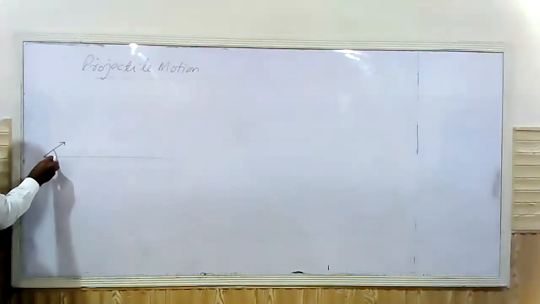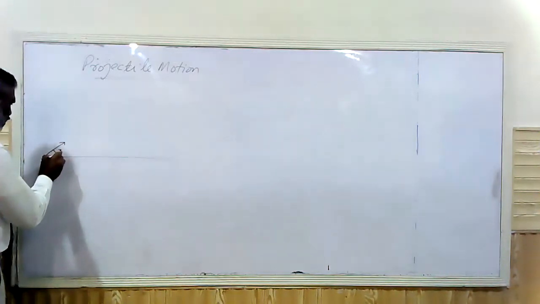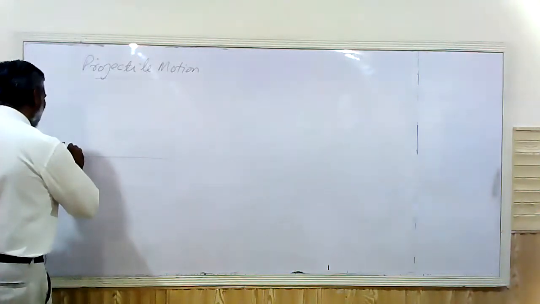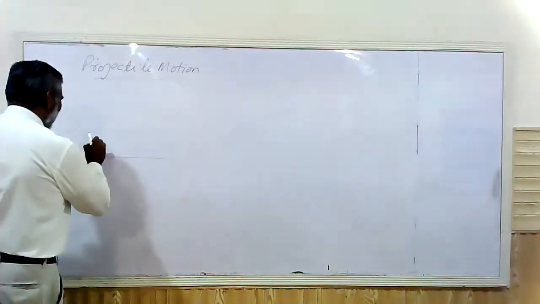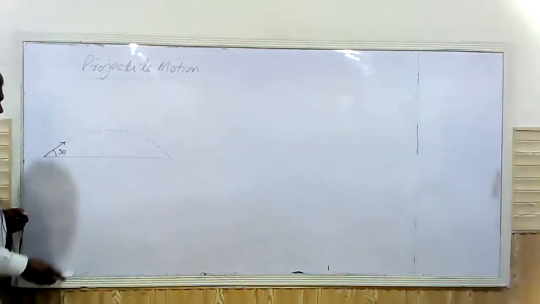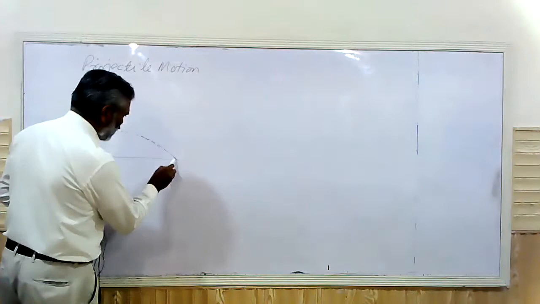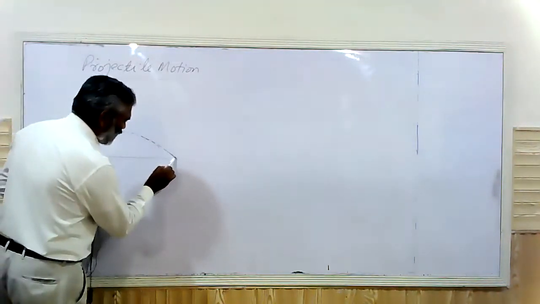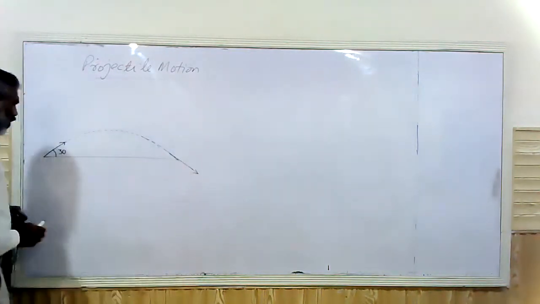Let's say this angle is already known, and suppose this is an angle equal to 30 degree to the horizontal, and when you throw an object at this angle, it will follow a path like this, and then it will hit the ground at the same level.